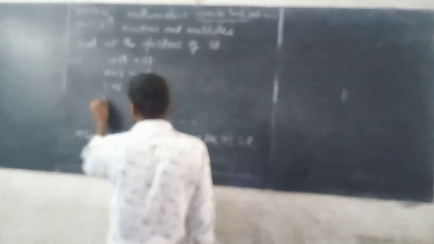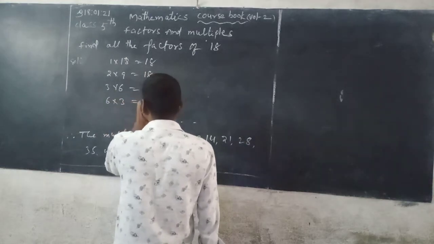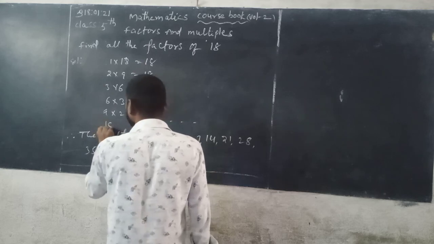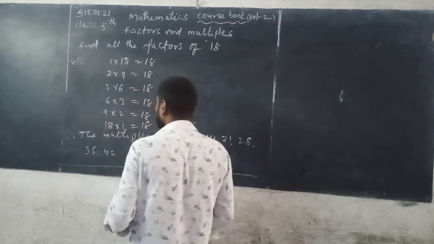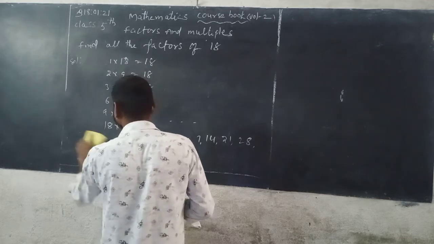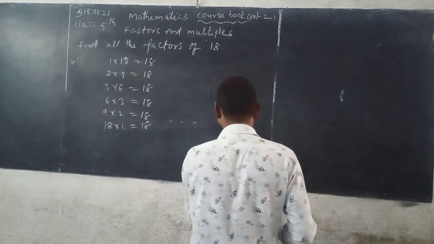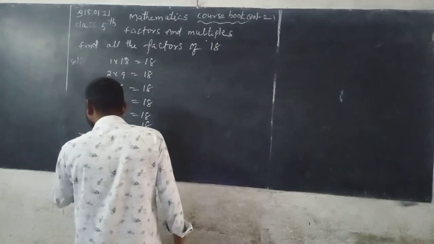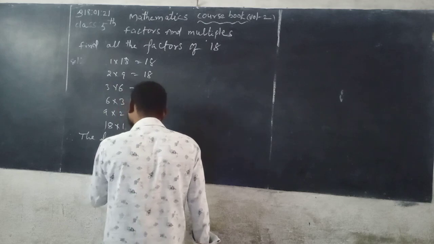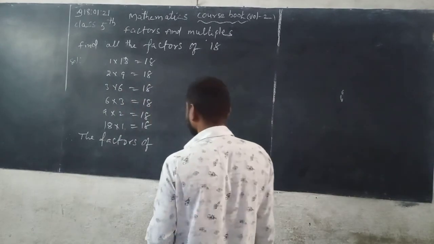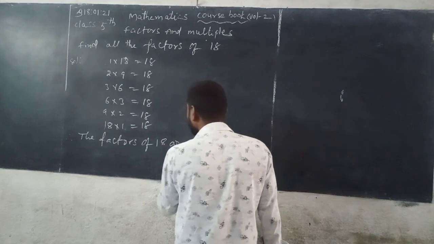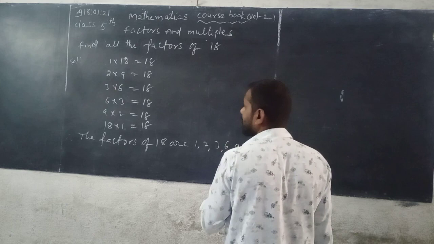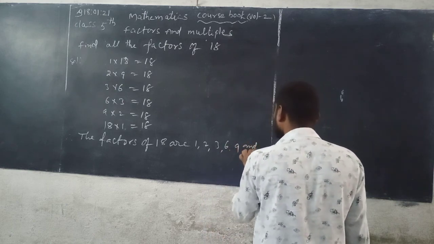Again, 6 3s are 18, 9 2s are 18. 18 1s are 18. Therefore, the factors of 18 are 1, 2, 3, 6, 9 and 18.